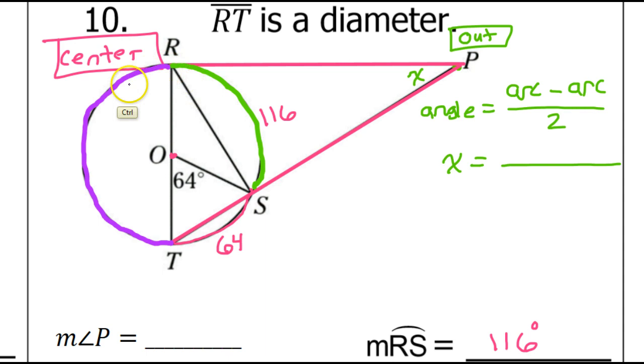Hopefully you can see that the purple arc here is a semicircle because of the diameter RT. So that tells me that the purple arc is, of course, 180 degrees. So when I do big arc minus small arc, I am talking about 180 minus 116 divided by 2.